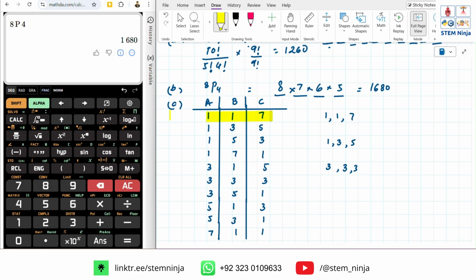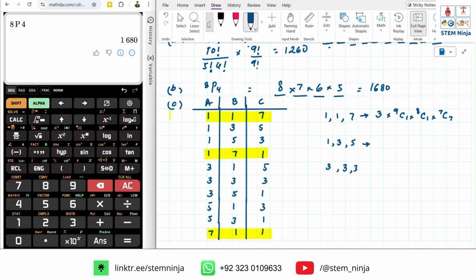So 117, 171, 711, sorry, they will give us the same value. So we have 3 times, how many? 9C1, then 8 are left, and then 7 are left out of 7.